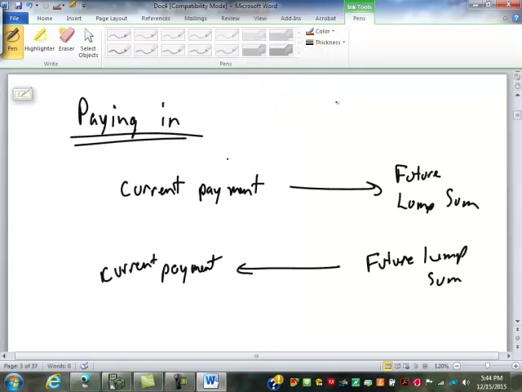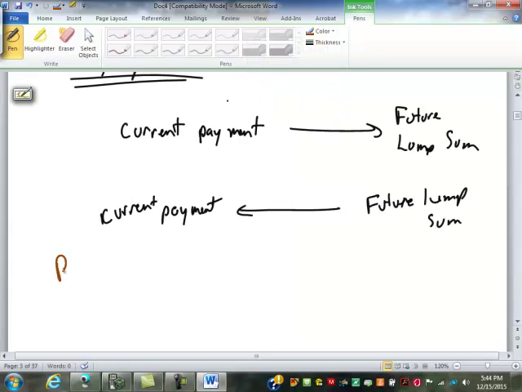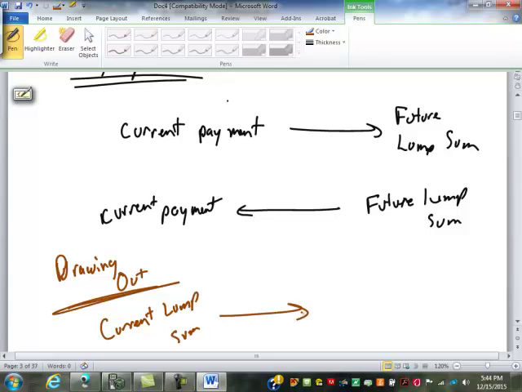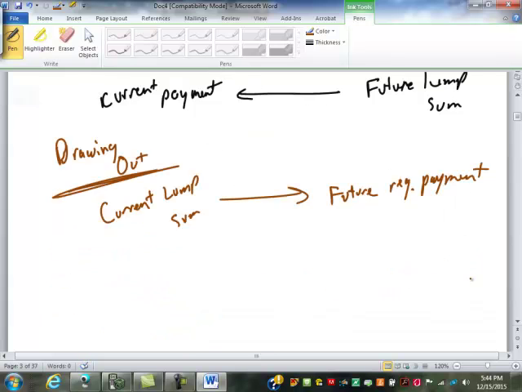The second type is when we're drawing out. This is our liquidation phase. Here we have a current lump sum of money, and we want to know what our future monthly payment or regular payment will be, so we can draw out of that in order to keep it going.